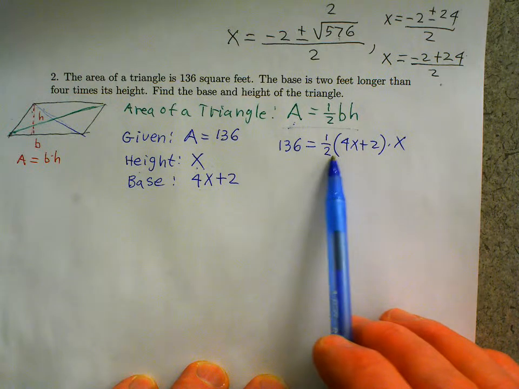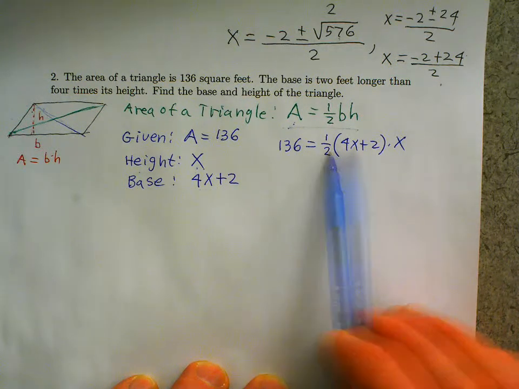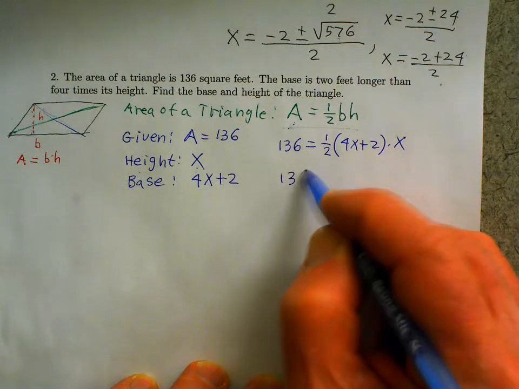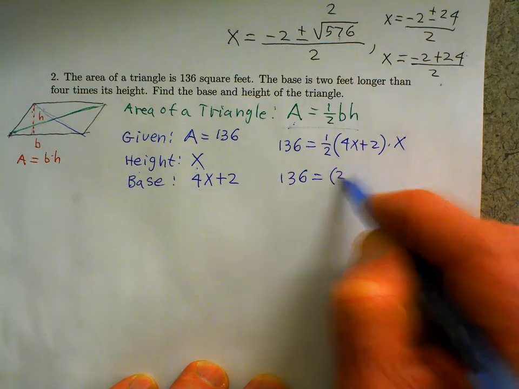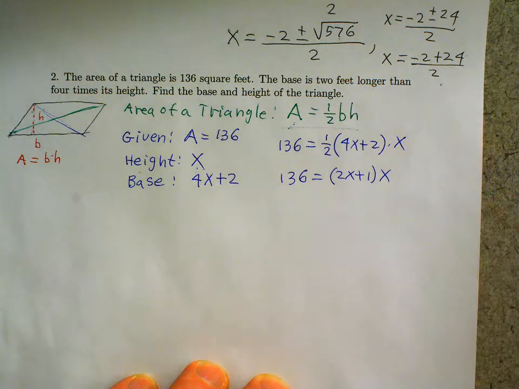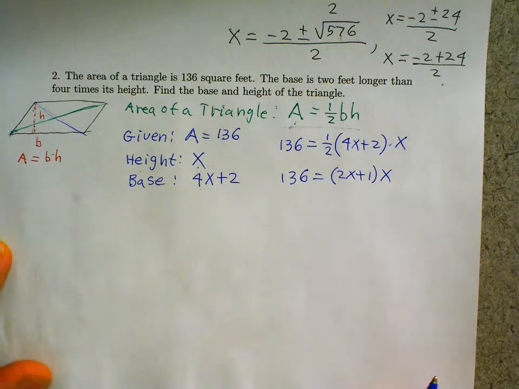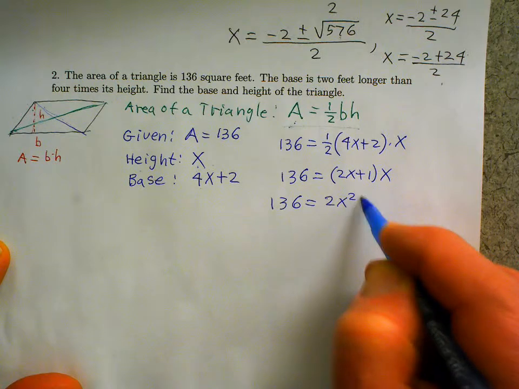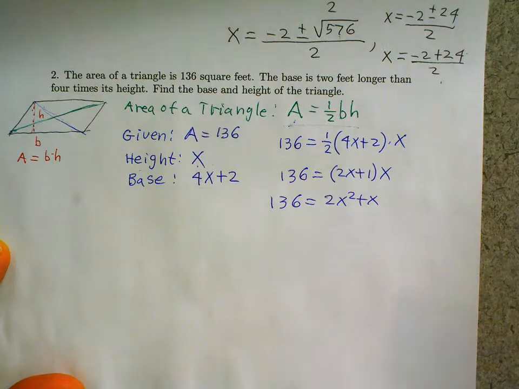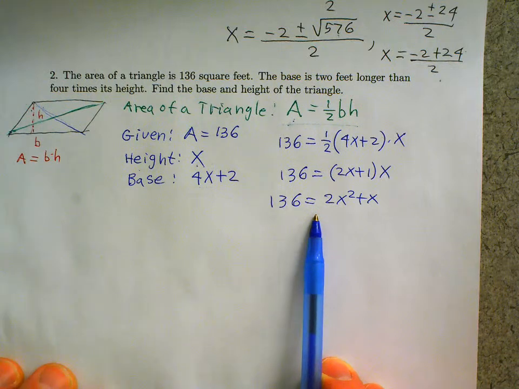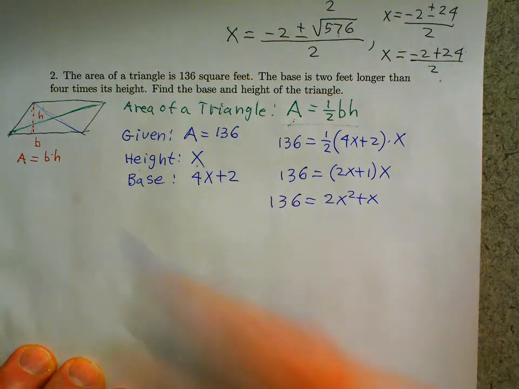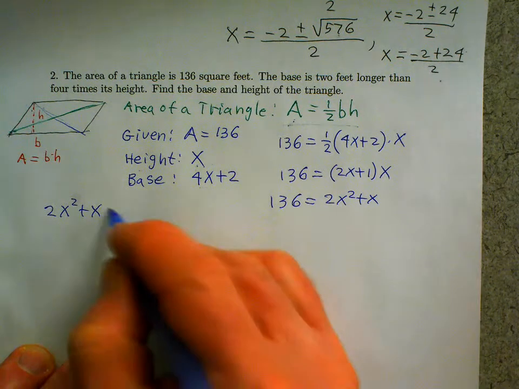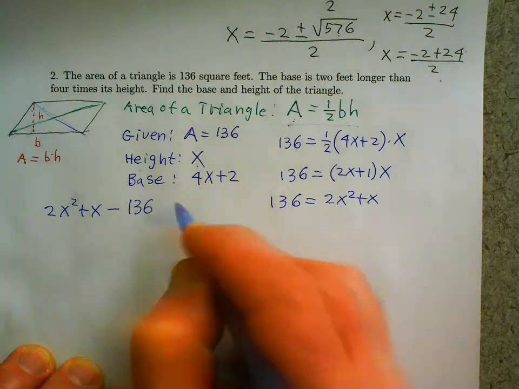Notice we can multiply 1/2 times the quantity 4x plus 2. That's one option. So we get 136 equals the quantity 2x plus 1 times x. And then 136 equals 2x squared plus x. And then if we write the quadratic equation in standard form, we can write it as 2x squared plus x minus 136 equals 0.